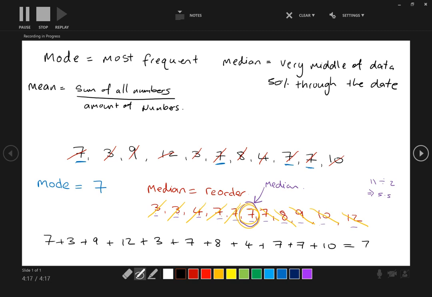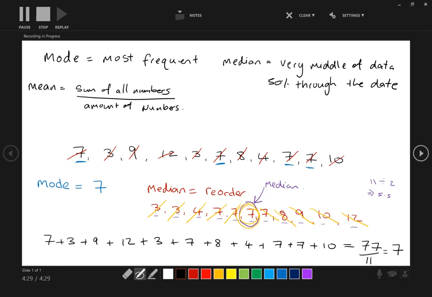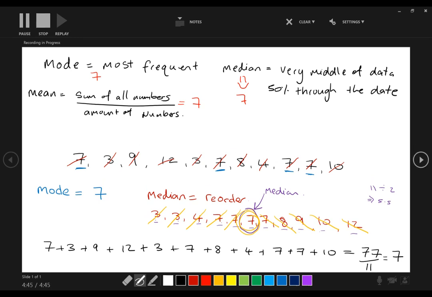If I'm right here, that would be 77. And I'm dividing it then by 11, because there are 11 numbers. And I get a mean of 7. So I have here in this case a mode of 7, a mean of 7, and a median of 7. Now in this case, that all works out.